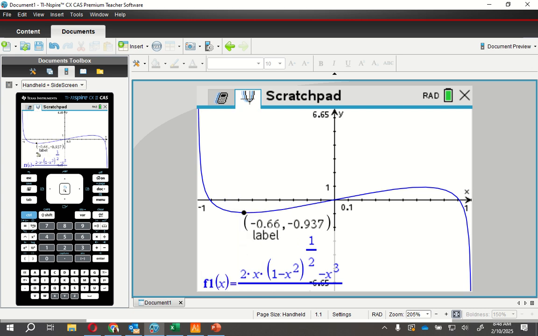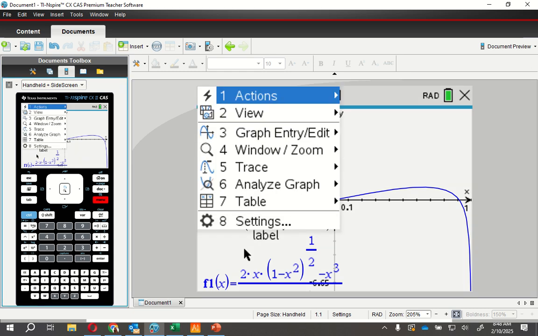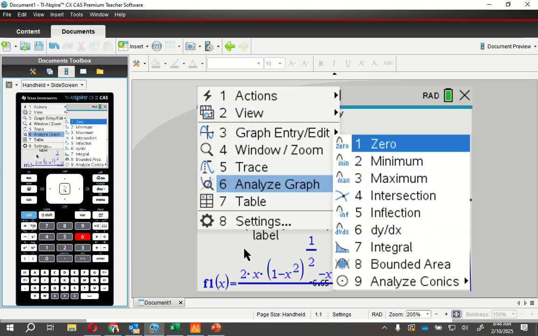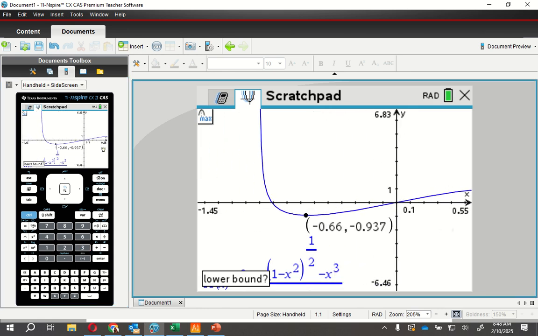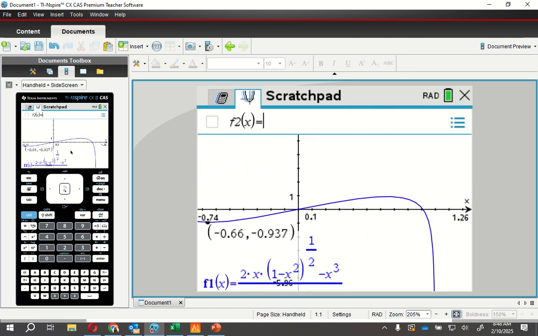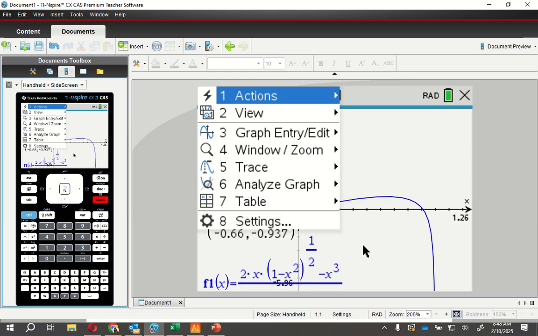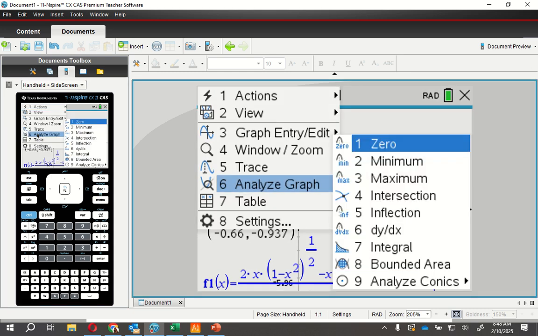There it is right there. Now let's go to see what the maximum would be. Menu 6.